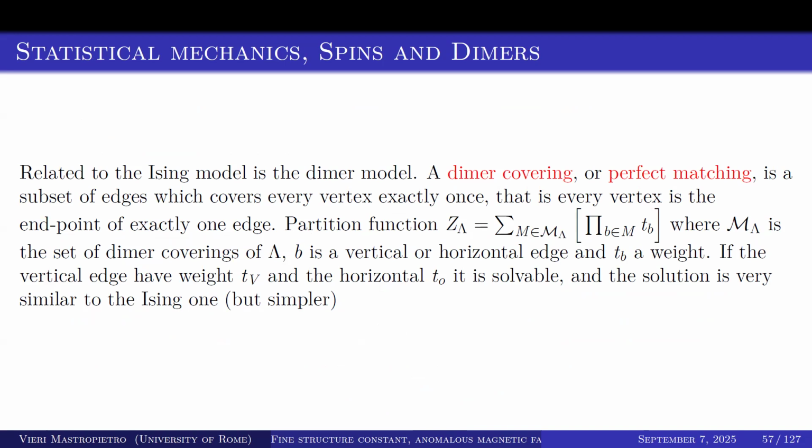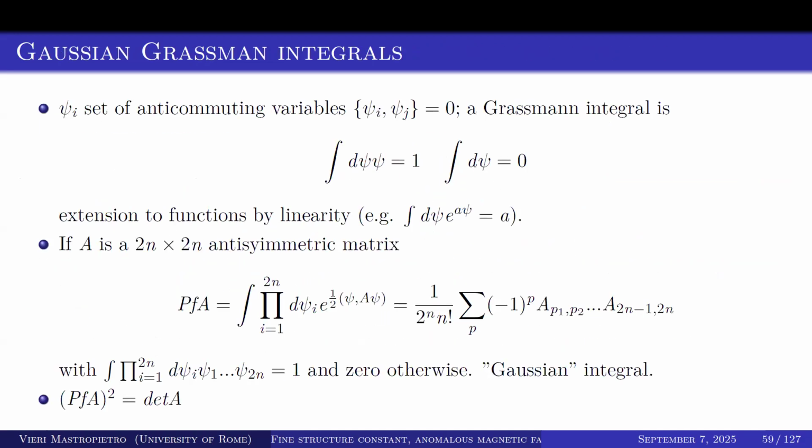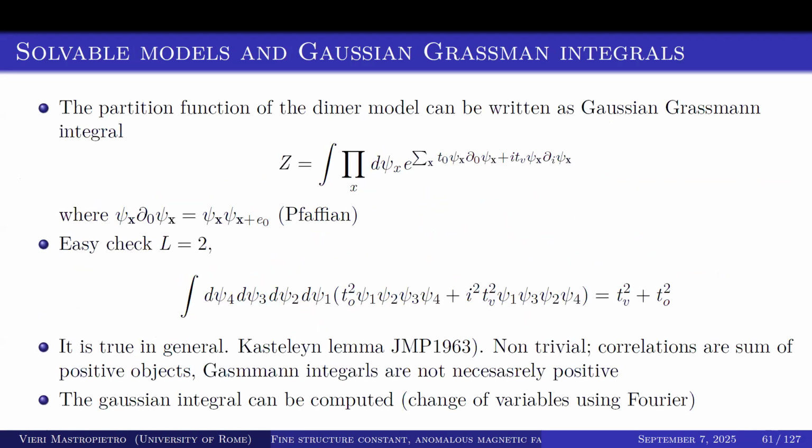I don't know if you know what a dimer model is. The dimer model is pretty easy to use. That, for instance, is the partition function for the dimer model.